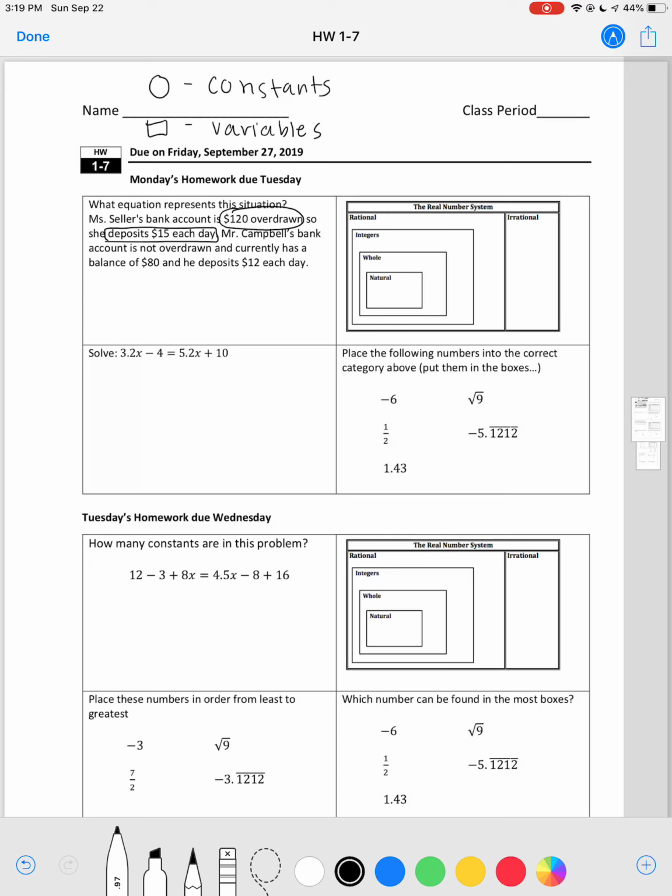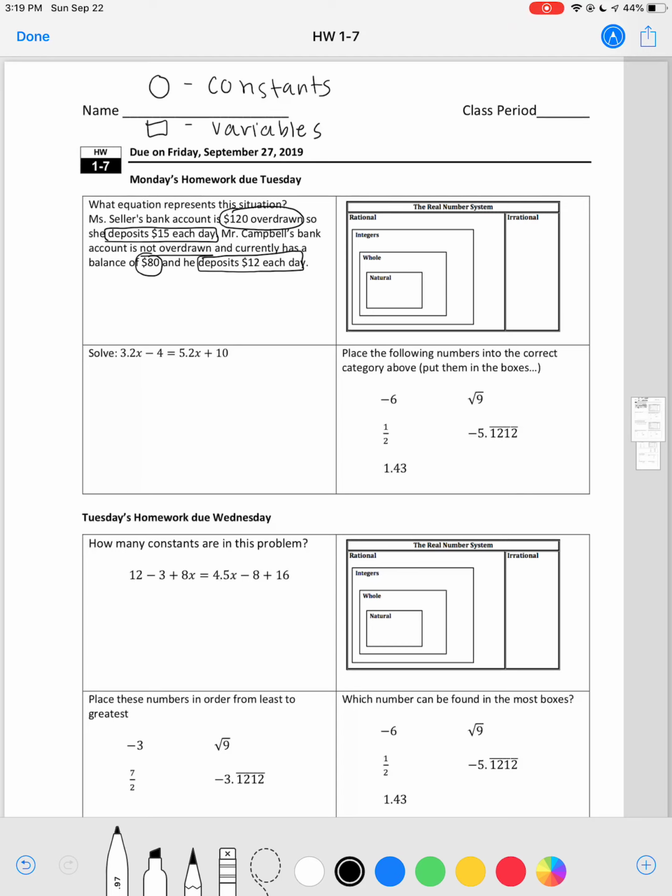And then Mr. Campbell's bank account is not overdrawn. So we know that the money he has is going to be a positive amount, and he starts at this positive 180, a balance of 180, and then he also deposits $12 each day.